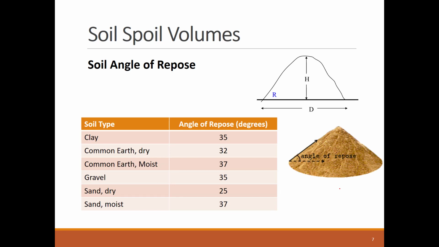Angle of repose is unique for each soil type, and it represents the natural stable slope of the soil pile. The shown table lists the angles of repose for different soil types. You can see that the more moist the soil is, the higher angle of repose it will have. Also, you can see that dry sand has the lowest angle of repose, which I'm sure you struggle with when building sandcastles on the beach.